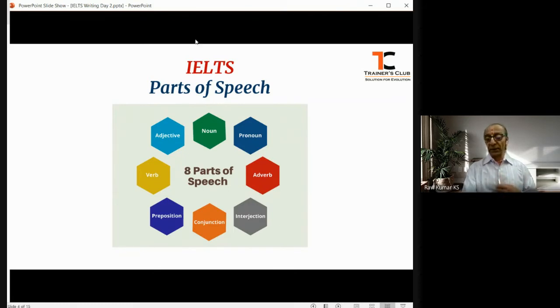Then the third and very important part of speech is the verb. One should never forget this. That's why the verb is known as the heart of a sentence or the soul of a sentence. You cannot make a sentence without a verb.